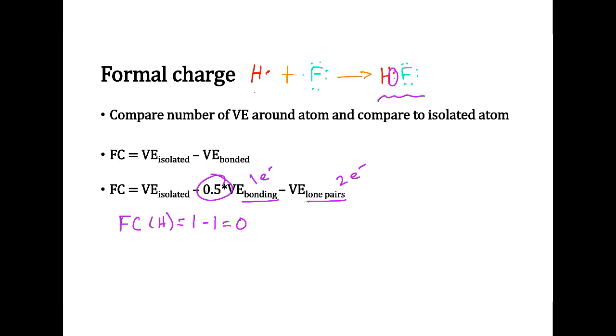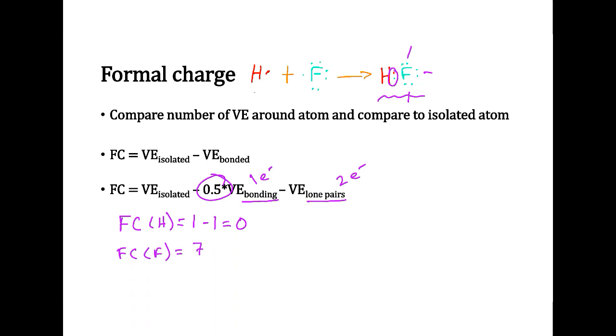Okay, so let's go ahead and consider fluorine. For the formal charge on fluorine, we first ask how many valence electrons are in the isolated species of fluorine? There are 7 valence electrons. Now how many are in our bonded species? We count each of these lone pairs as 2 electrons, so we have 2, 4, 6 electrons from lone pairs.